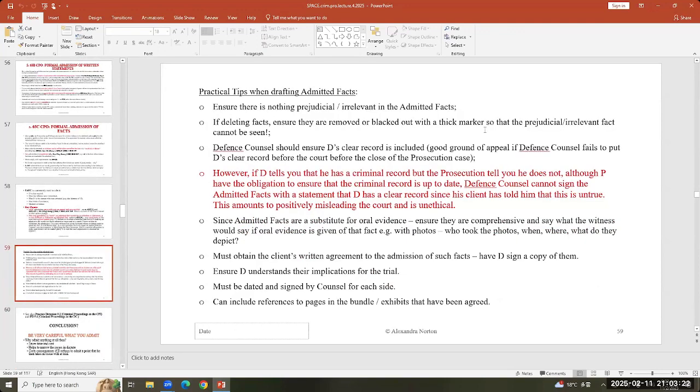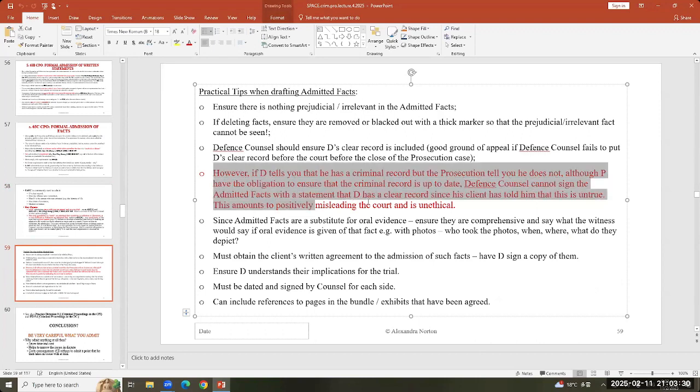So just a few practical tips here. I think you can read these through yourself, but the only one I really want to highlight for you is this one. Remember I said that you always want to check the criminal record with the prosecution.